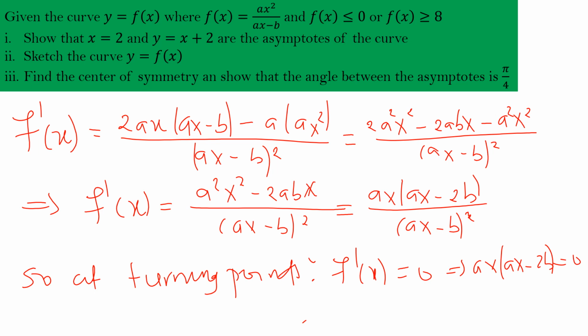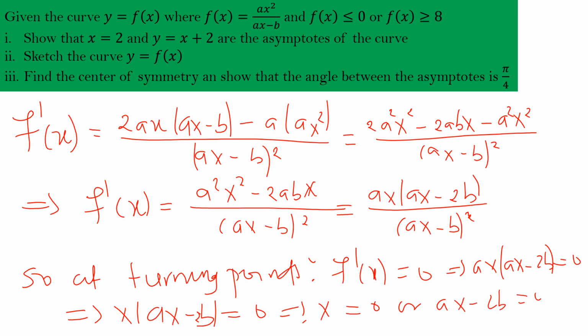Now a cannot be 0, so we can divide all through by a, and we are going to have x into ax minus 2b equal to 0, which means that x is equal to 0, or ax minus 2b is equal to 0, which means here that x will be equal to 2b divided by a.